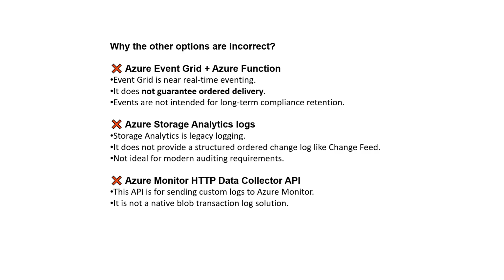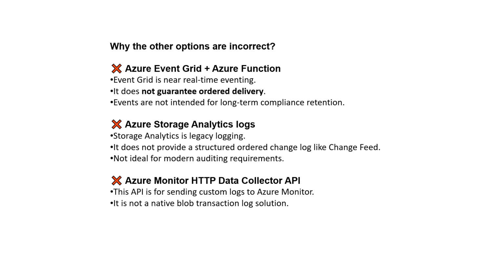Now, the next option, Azure Storage Analytics Logs. Storage Analytics Logs is legacy logging. It does not provide a structured ordered change like change feed, and it's not ideal for modern auditing requirements, fine? The other option, Azure Monitor HTTP Data Collector API.